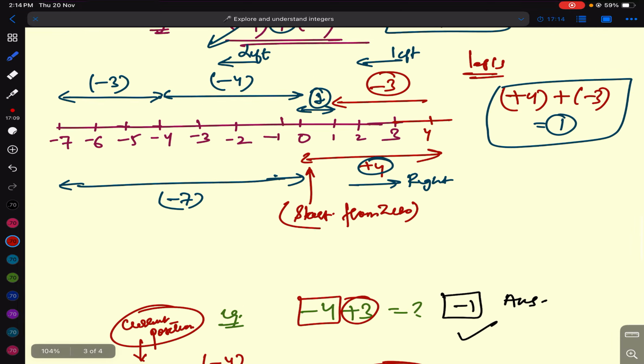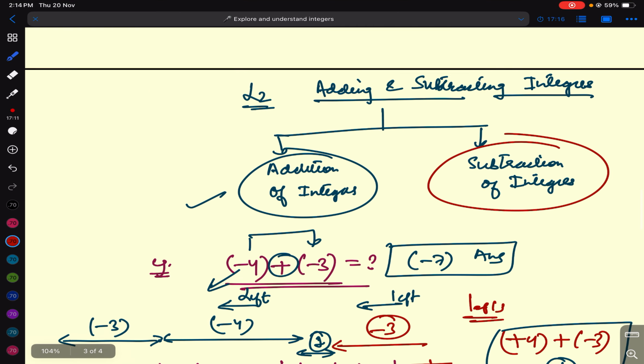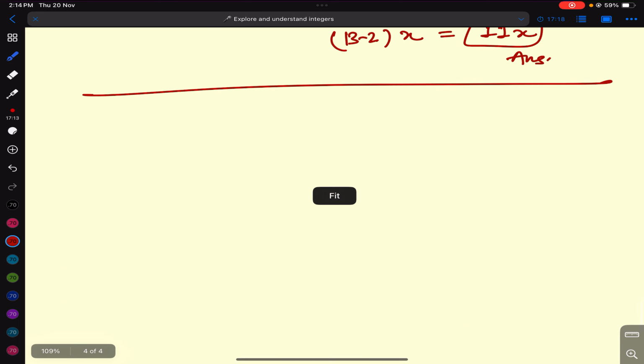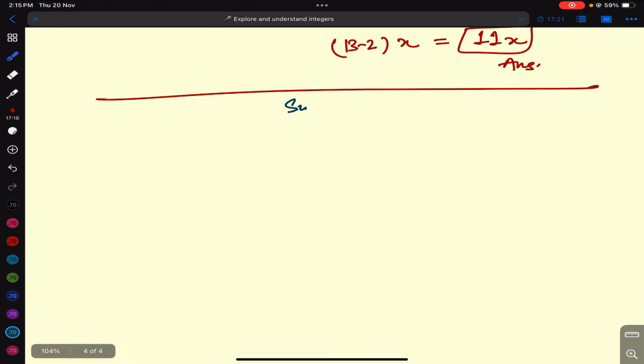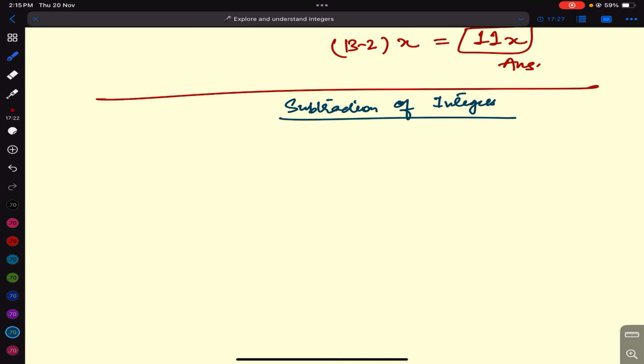Now let's go to subtraction of the integers. When we subtract something from something, we try to figure out the difference between the two numbers, right?